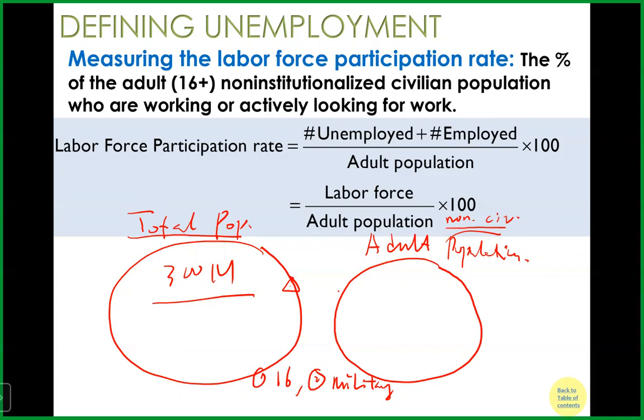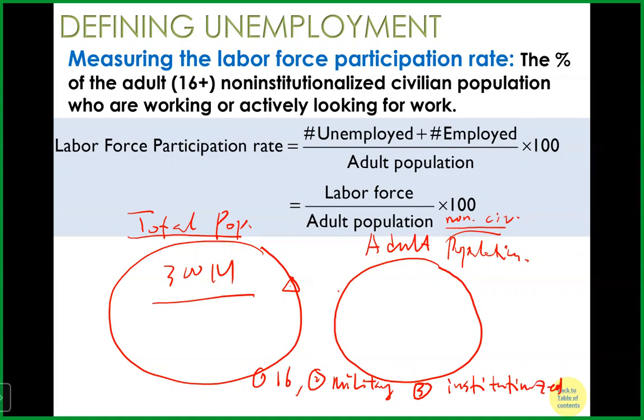Now the third group to be excluded is those people who are institutionalized. Who are considered as institutionalized? Inmates, that's a perfect example, thank you.